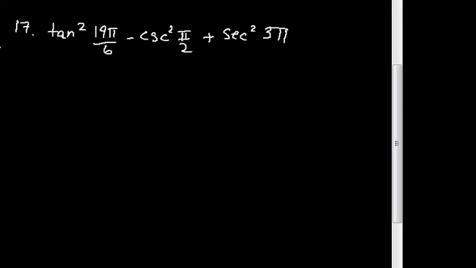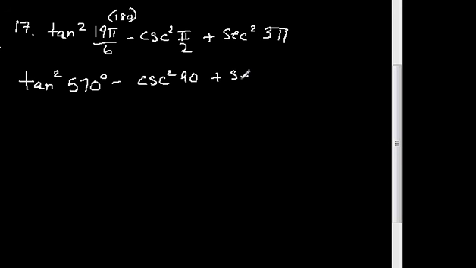So we get tangent squared, and if I took this times 180 and divide it by 6, I would get 570 degrees. Cosecant, this one's easy, because it would just be 90. And this would be secant squared, and it would be 3 times 180, which would be 540.